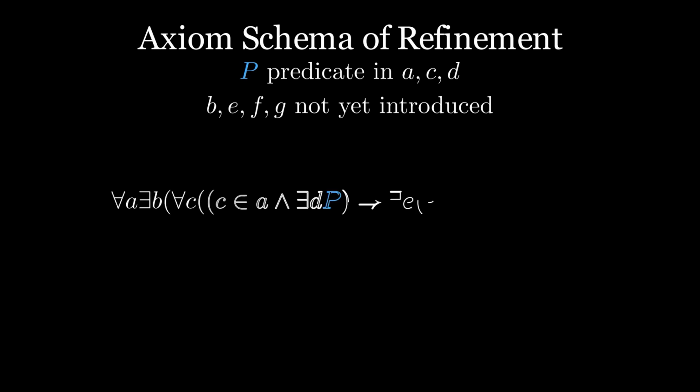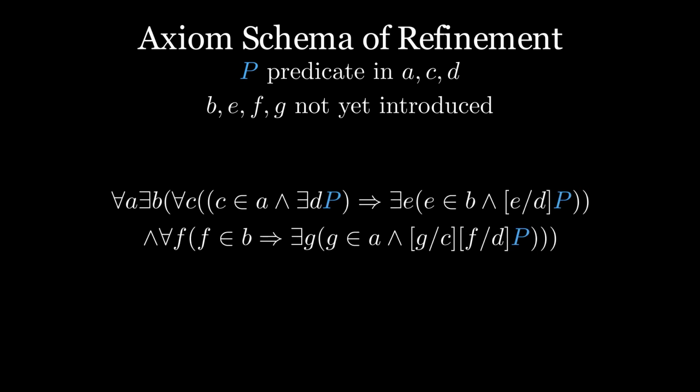We fix a predicate P in 3 variables, A, C, and D, and we require, for this rule to apply, that the variables B, E, F, and G are not yet introduced. Here's our axiom schema.